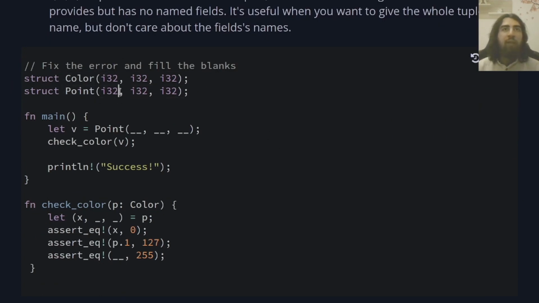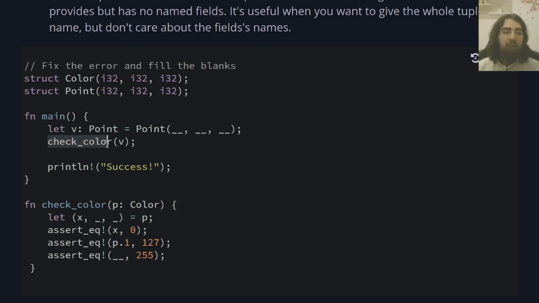And they are exactly like tuples, but they are named. Okay, so over here we have three integer values in the color tuple struct, and in the point struct the same thing. Now we want to instantiate the point struct over here, and the variable v will then hold an instance of our custom type point.